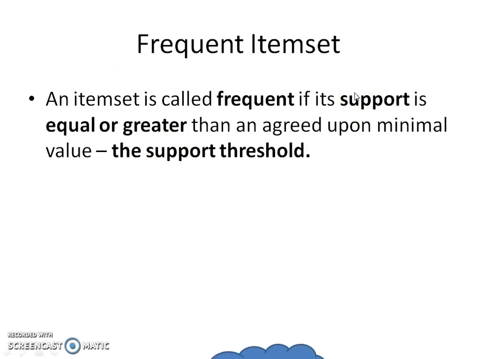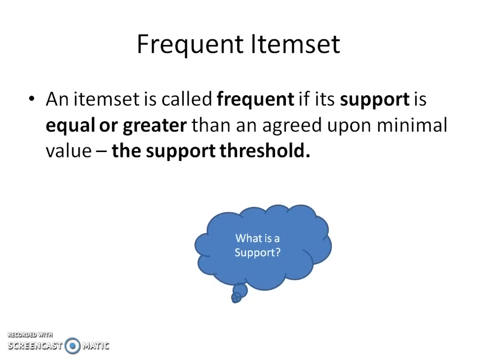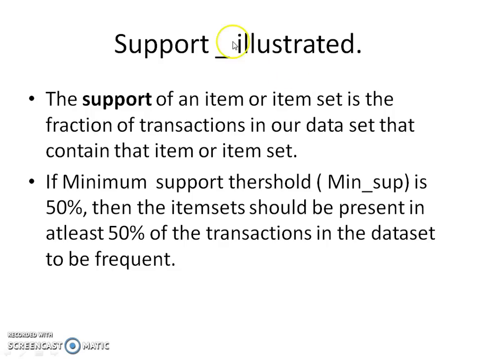Now, going on, that is what support is. We will see with an example. The support of an item or item set is the fraction of transactions in a data set that contain that item or item set. Say for example, if the minimum support threshold is 50%, then the item sets should be present in at least 50% of the transactions in the data to be frequent.